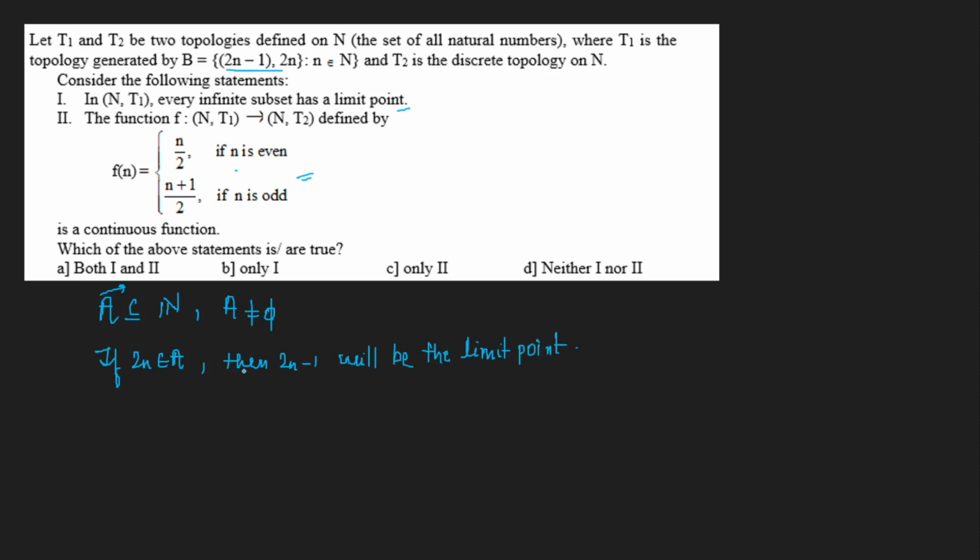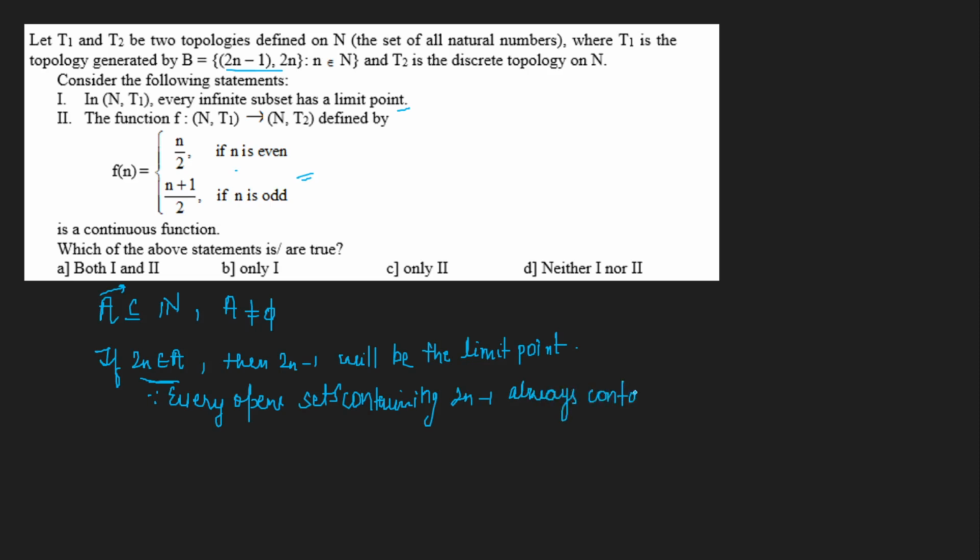Why is it my limit point? Because if you take any open set containing 2n minus 1, then it always has some 2n belonging to it. Every open set containing 2n minus 1 always contains 2n.